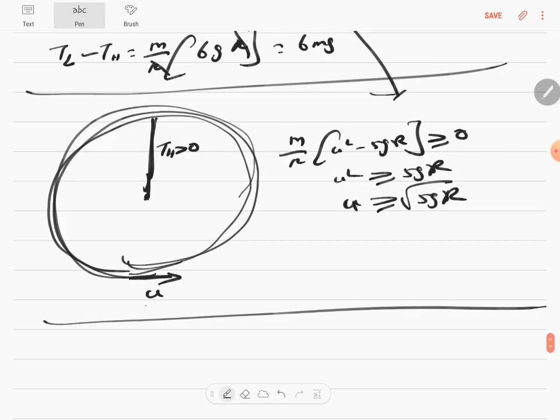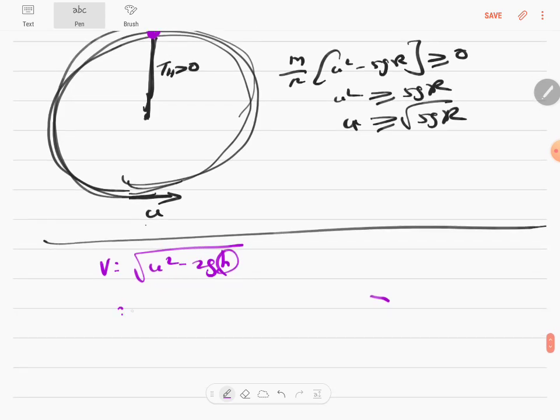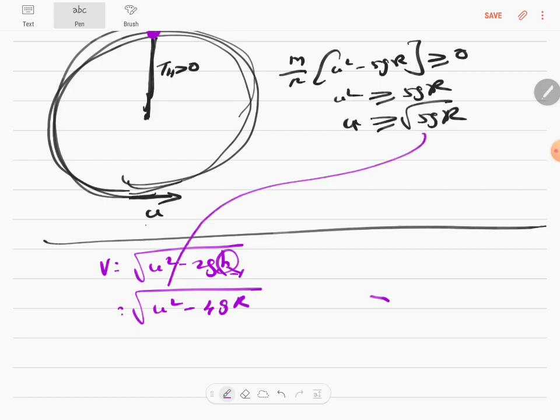Then let's look at the velocity at the highermost point. What is the velocity at this instant? The velocity v is equal to root of u square minus 2gh, where h itself is, as you know, 2r. So u square minus 4gr, when you substitute 2r. And u square itself has to be 5gr for looping of the loop to occur.